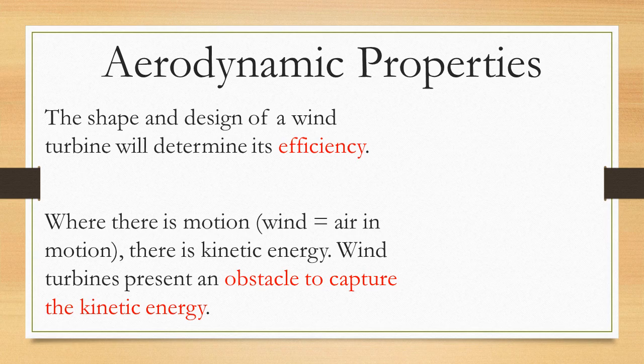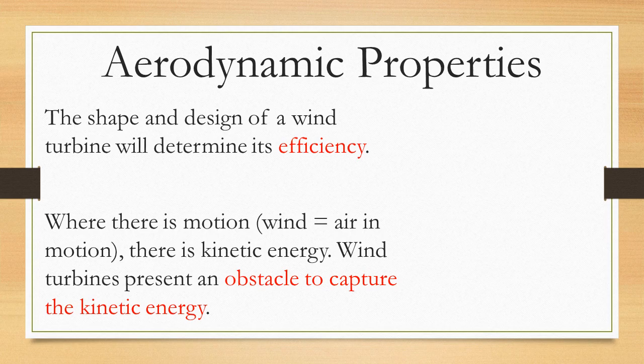As we know, where there is motion, wind is air in motion, there is kinetic energy. And wind turbines present an obstacle, okay, present something to capture that kinetic energy. Think about our last lesson, all right?